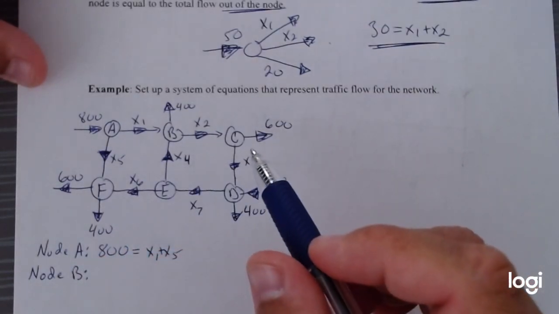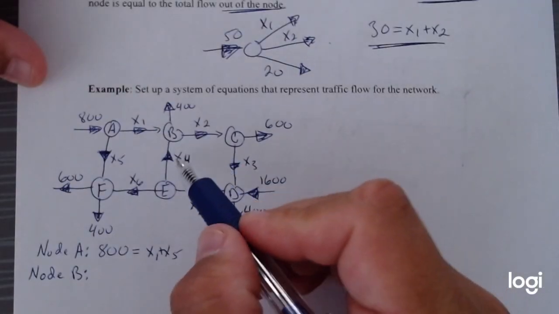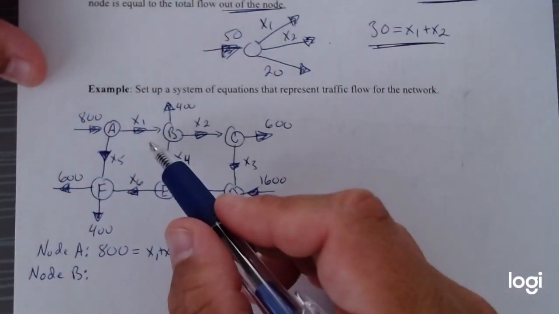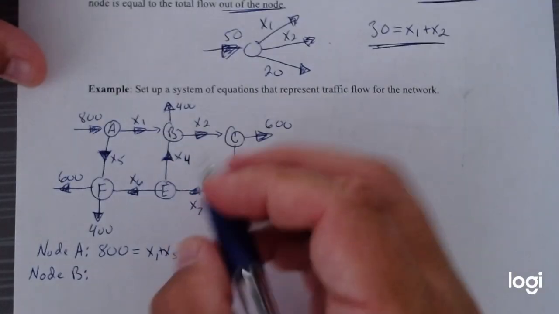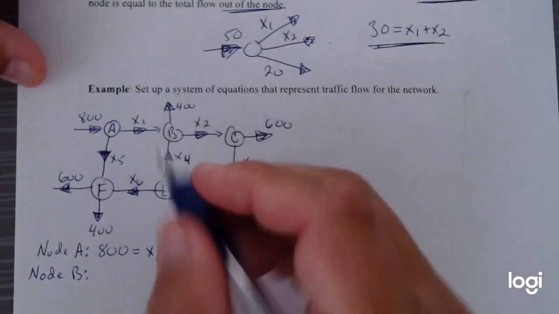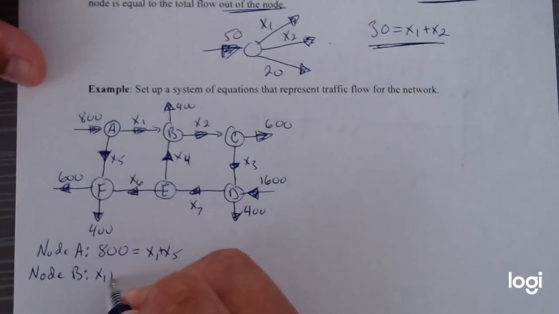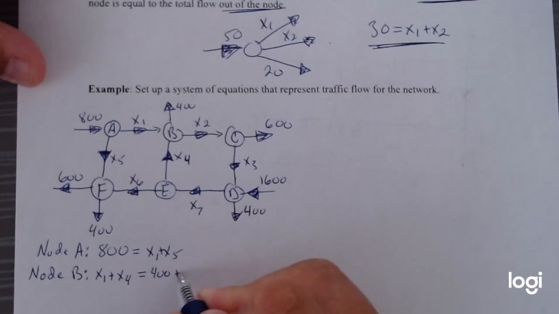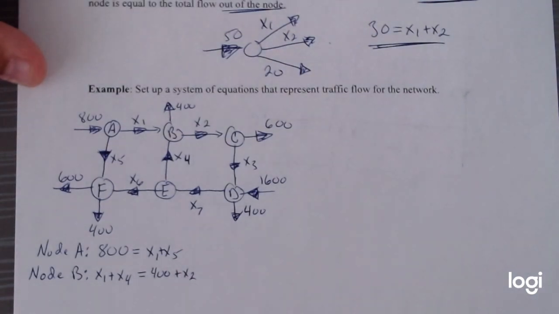So flow in for node B will be x1 plus x4, which equals everything going out, so 400 plus x2.